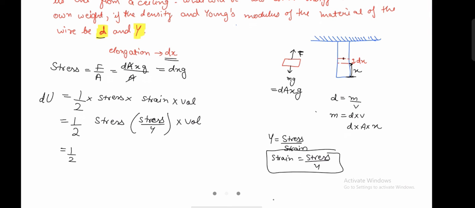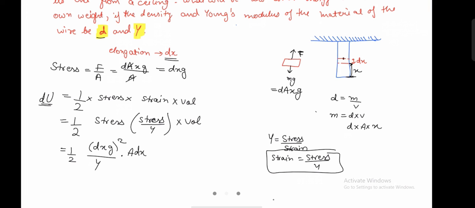If you are writing stress squared, then it's going to be dxg squared, and in the denominator still there is the Young's modulus. And what about the volume? Volume can be written as a multiplied by the length. Which length over here are you going to talk about? In this case you're talking about the energy of this small material, this small elongated length. When you're talking about this length, then you will be taking the volume also of this small length only. That's why you're going to use dx only over here.